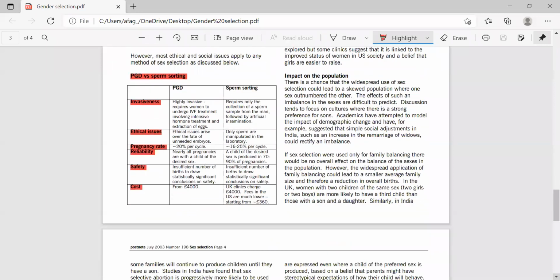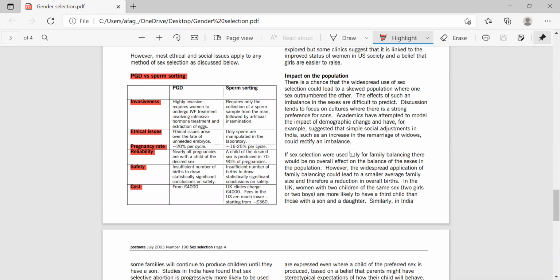Just a quick comparison between this pre-implantation genetic technique and the sperm sorting. Just these few pieces of information we may consider, to convince her to go through these procedures, even if she opts to go to a private clinic, because there are private clinics available for these things.